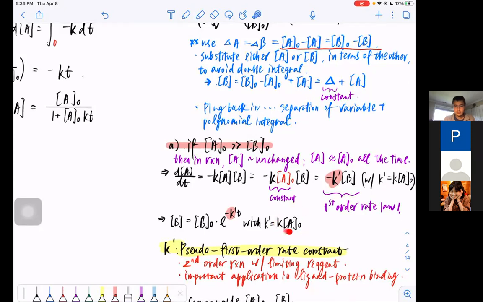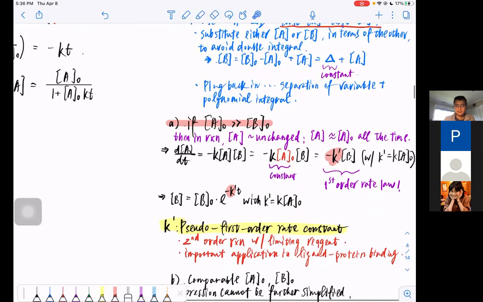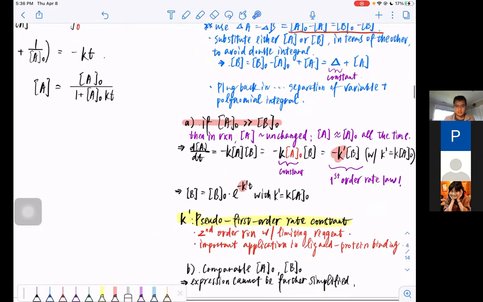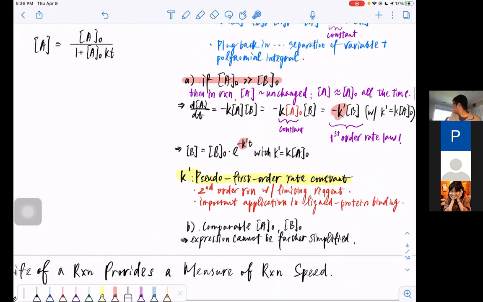These two things are all constant. This is a very important case. I want to remind you, this K prime term is what we call the pseudo first order rate constant. It's very biologically relevant. You will see it show up a lot in ligand protein binding examples that I hopefully get to go over today, but maybe not.